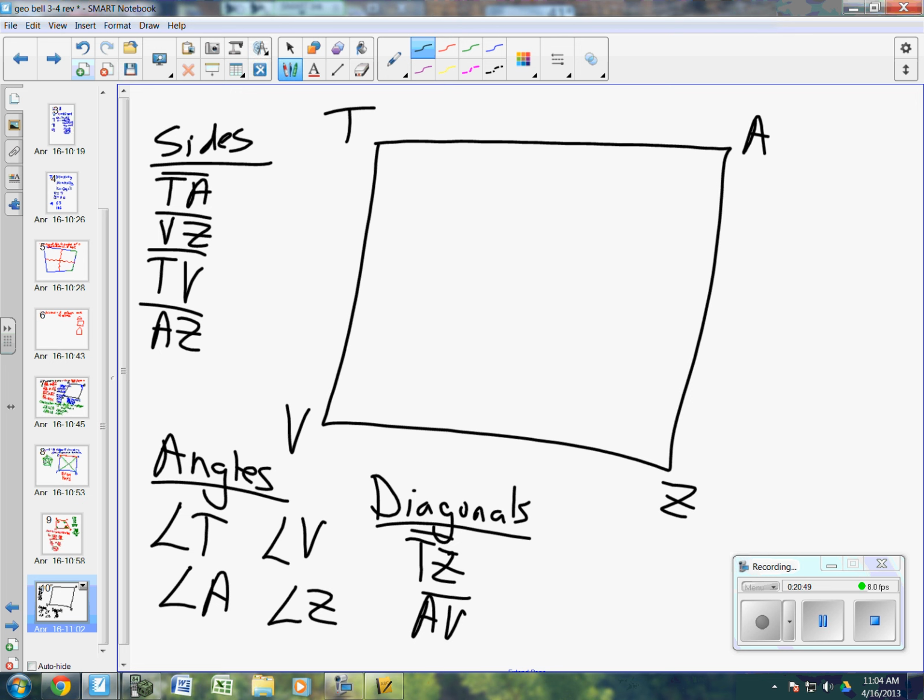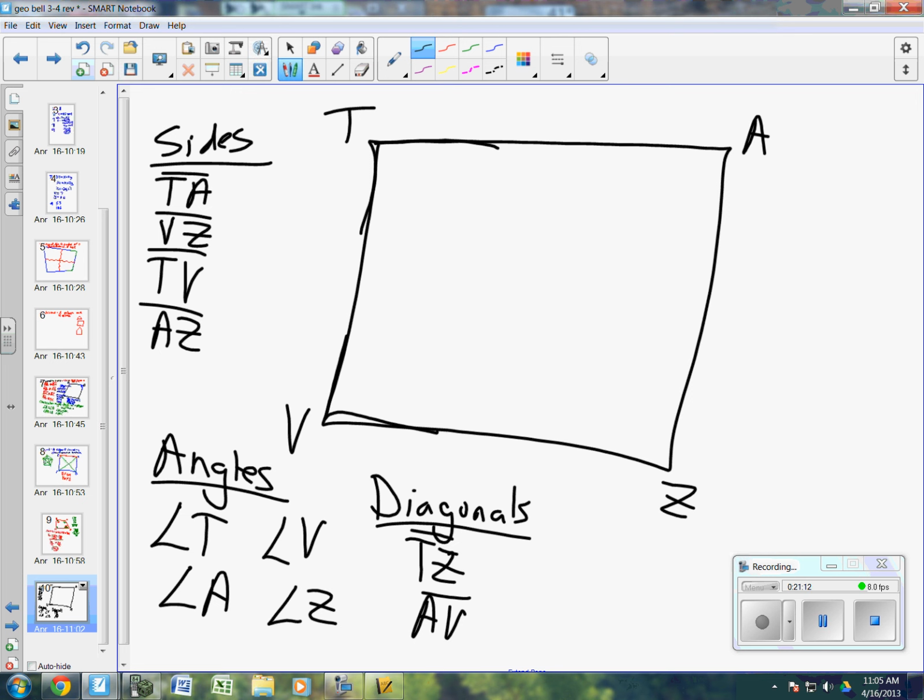TA and TV, they share the same vertex. Consecutive sides share the same vertex, T. So consecutive angles would be angles that share the same side, right? Like angle T and angle V share this side right here. Angle T is this angle. Angle V is this one. They share this side. So angle T and angle V are consecutive angles.